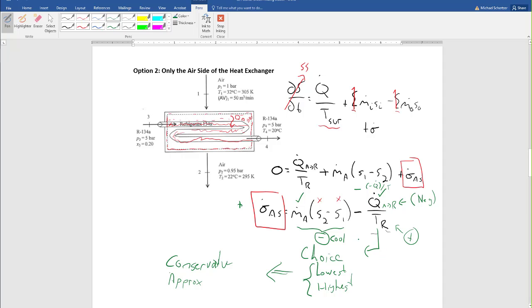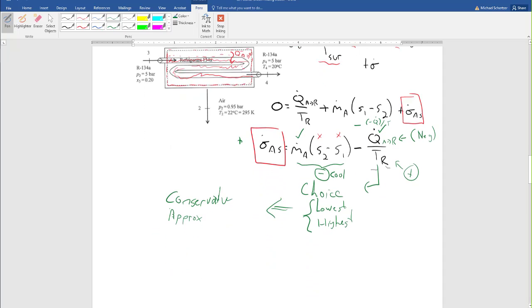So I want Q dot over T to be as low as possible. For this to be low, I want to pick T of the refrigerant to be the higher value because it's in the denominator. So I want to pick the larger of these two temperatures because this is heating up.